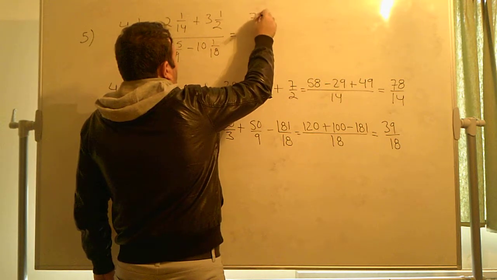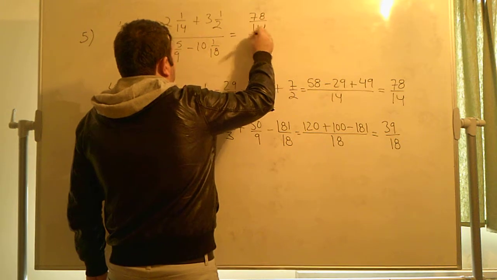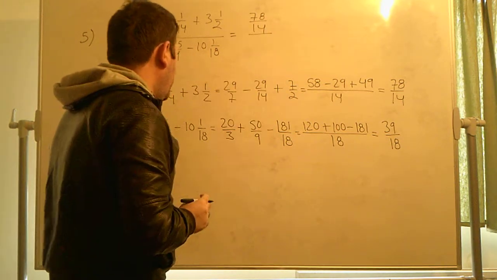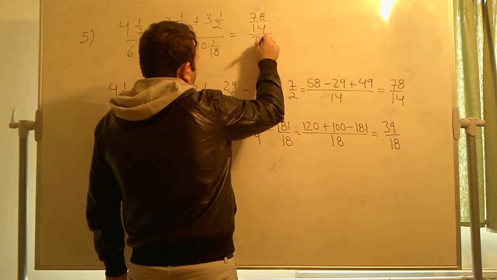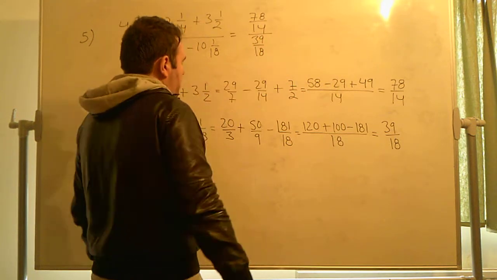So this will be equal to 78/14 divided by 39/18.